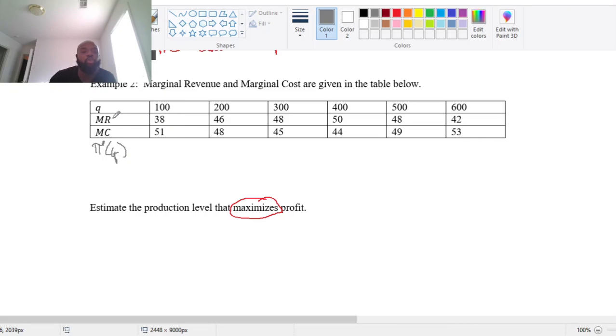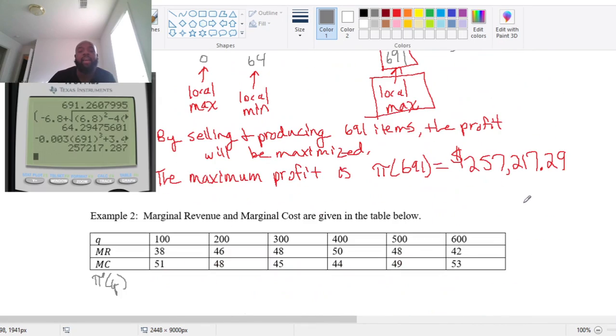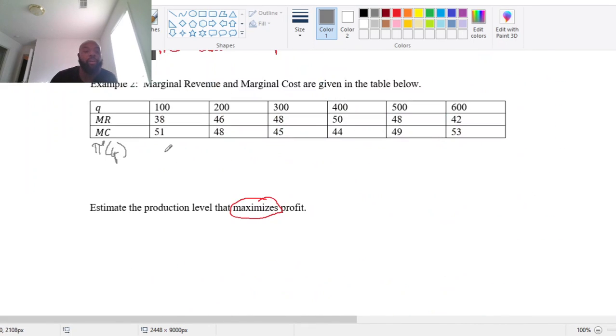It's just marginal revenue minus marginal cost, right? Which is what we talked about at the very beginning. Since profit is revenue minus cost, marginal profit, which is the derivative of profit, is marginal revenue minus marginal cost, MR minus MC, all right? And so when we go to this example, if we want to create another row in this table here, then all we have to do is subtract the marginal revenue and the marginal cost, right?